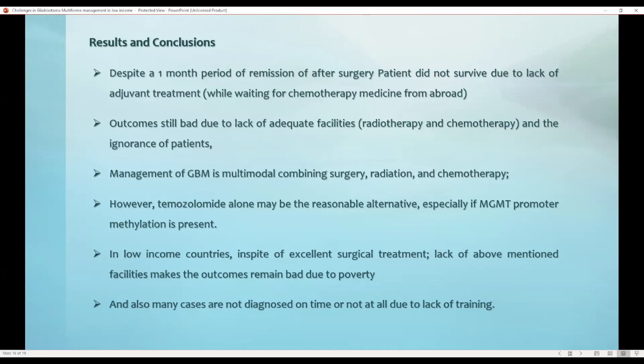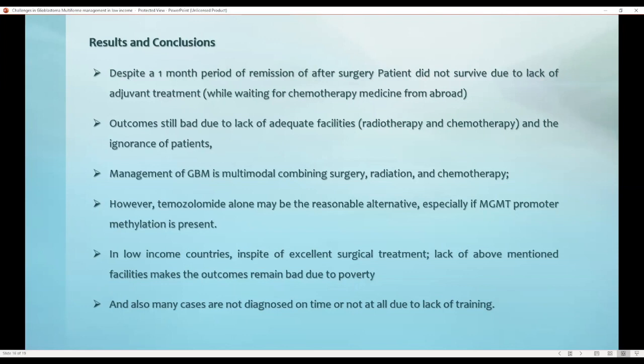Management of GBM is multimodal, as I told, combining surgery, radiation, and chemotherapy. However, temozolomide alone may be a good alternative, but again, sometimes we don't have it. We have to order it from abroad, and the disease will not wait.